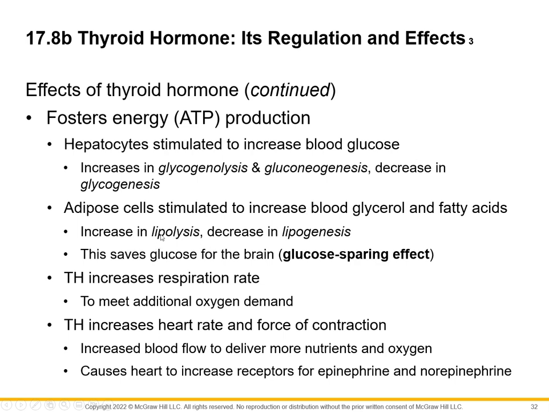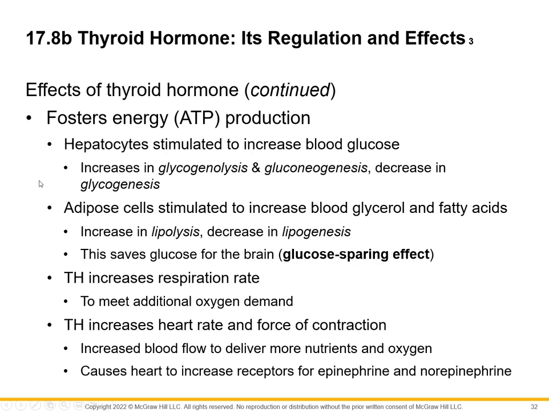In adipose tissue, increasing lipolysis. This also is saving glucose for the brain, and this is something called the glucose sparing effect. Our brain you can think of as kind of a glucose specialist. It really only uses glucose. So the glucose is going to be spared for use in the brain, and other tissues can use glucose as well, but they will also be able to use fats from lipolysis.